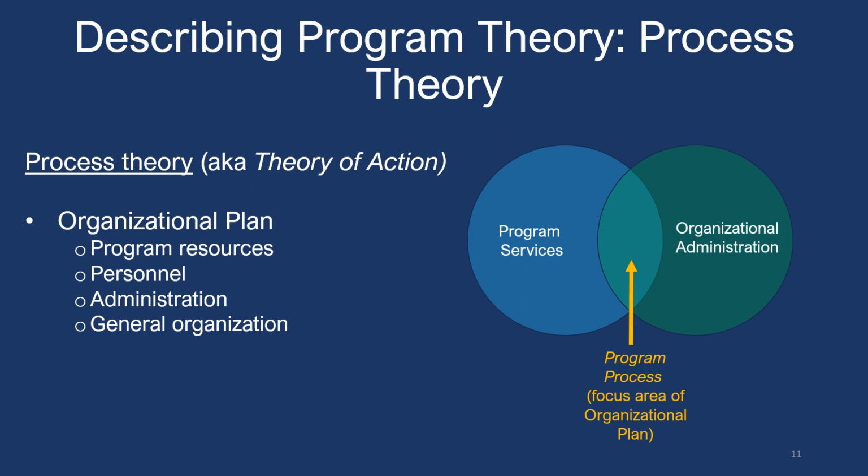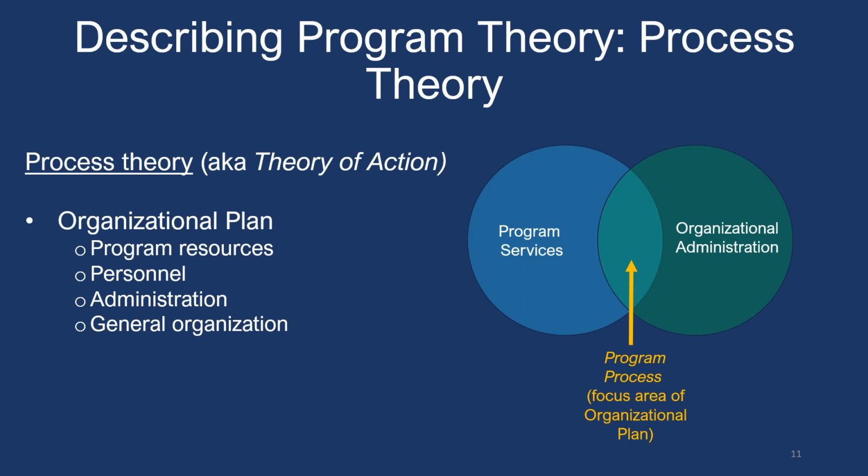So again, I made us a little Venn diagram here where we're looking again at the program services. What are being offered to our target population? But instead of the target population being in contact with the program services here, we're looking at, is the organization set up in a manner to support the implementation and the delivery of the program services?